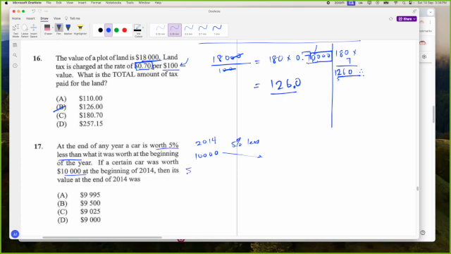So I'll find 5% of 10,000. So that is $500. That means that 5% less will be the 10,000 minus the 500, which is 9,500, B.